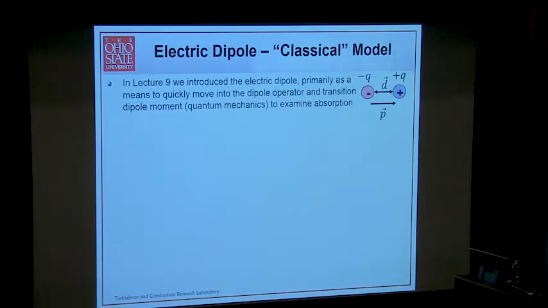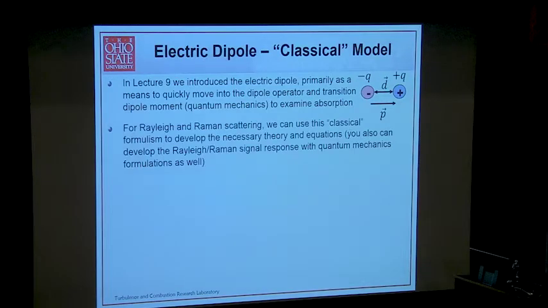In lecture 9, we introduced the electric dipole, primarily as a means to move into the dipole operator and the transition dipole moment to examine absorption. Okay? So basically I just introduced this as a very quick tool, for how we absorb a photon.